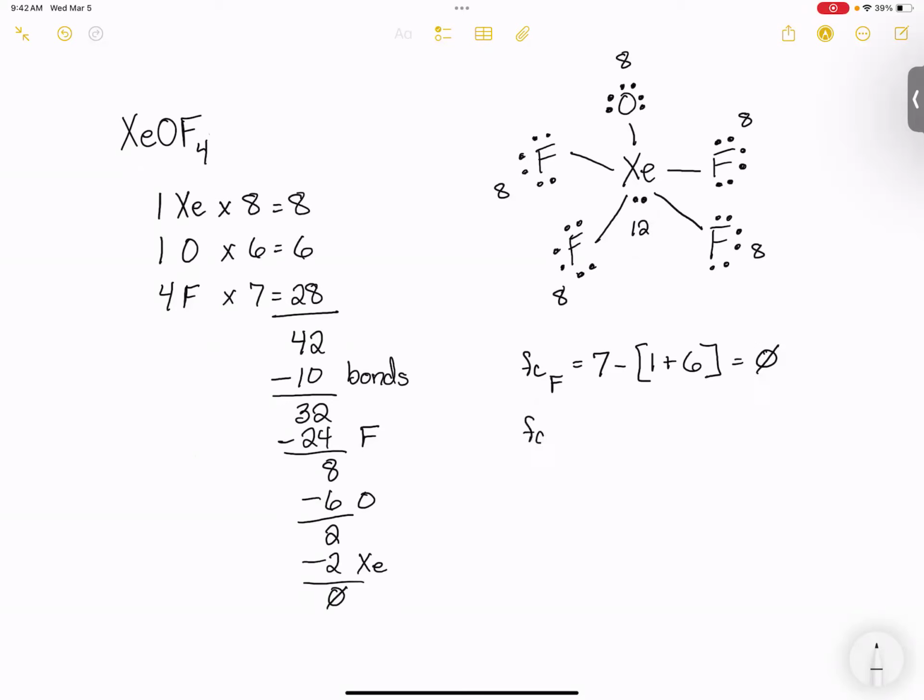Let's look at the formal charge on oxygen. Oxygen has 6 valence electrons, because it's in group 16, the last digit is 6. We will subtract out 1 for every bond. It has 1 bond. And 1 for every dot. It has 6 dots. So that means our oxygen has a formal charge of -1.